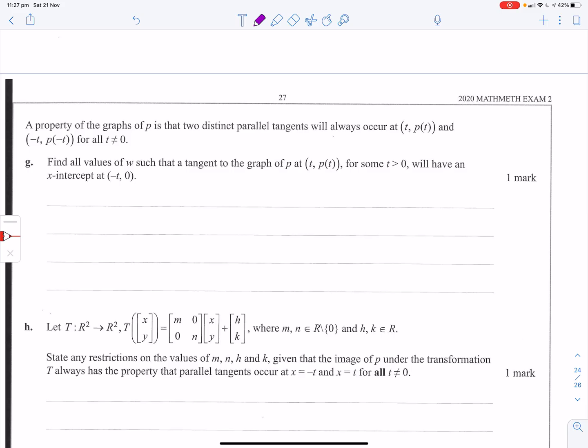A property of the graphs of P is that two distinct points with parallel tangents will always occur at t and negative t, with P of t and P of negative t.